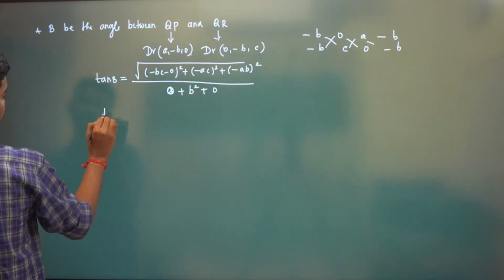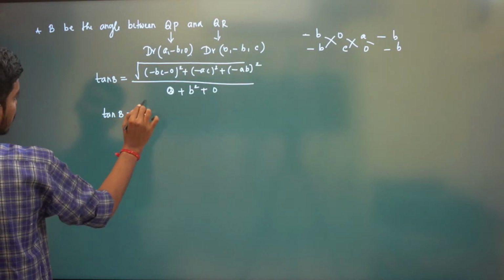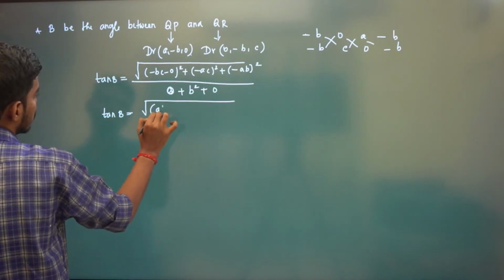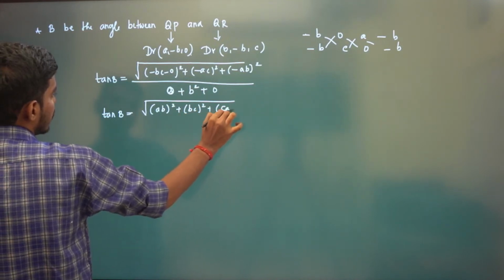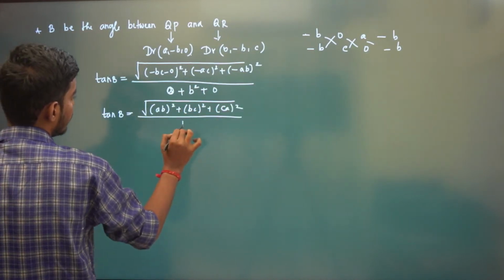So we have tan B equal to square root of AB whole square plus BC whole square plus CA whole square divided by B square.